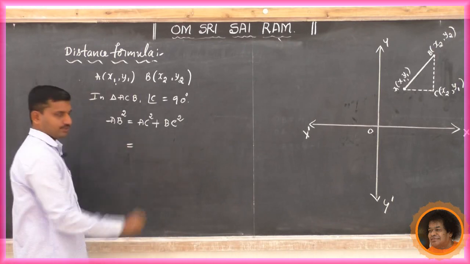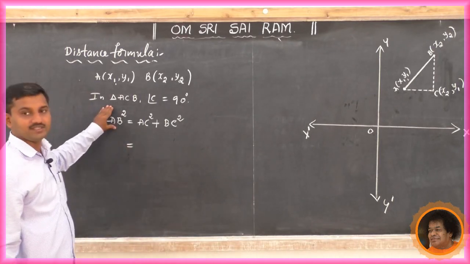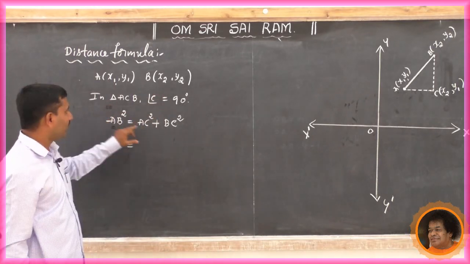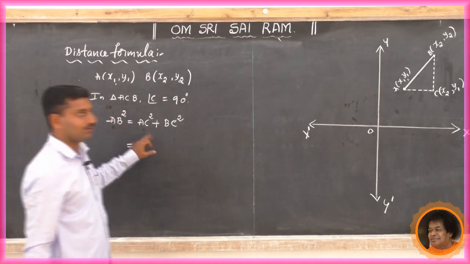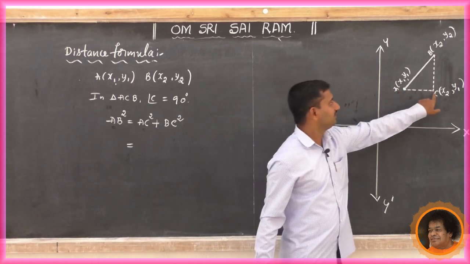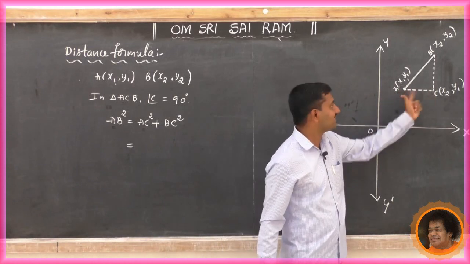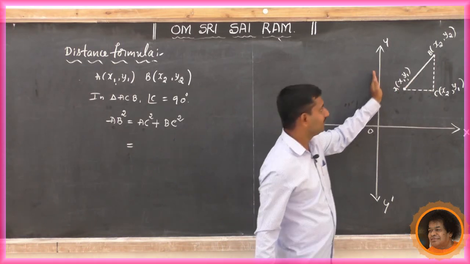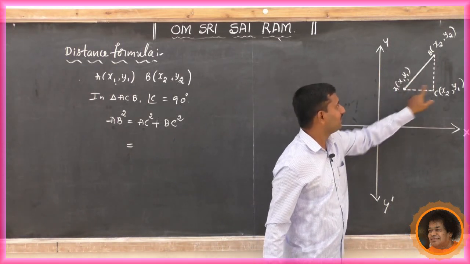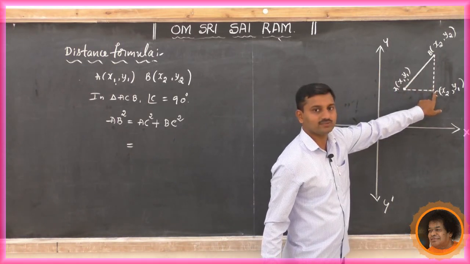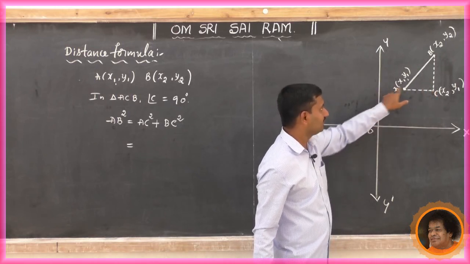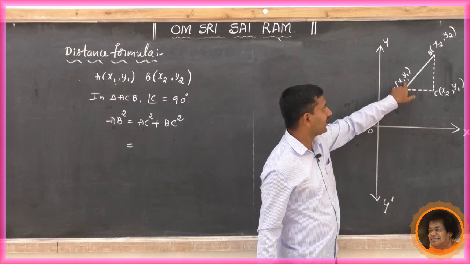Now substitute the values. AB means we have to find the distance between A and B. What is the distance AC? From the y-axis up to C, the value is x2, and from the y-axis to A, it is x1.